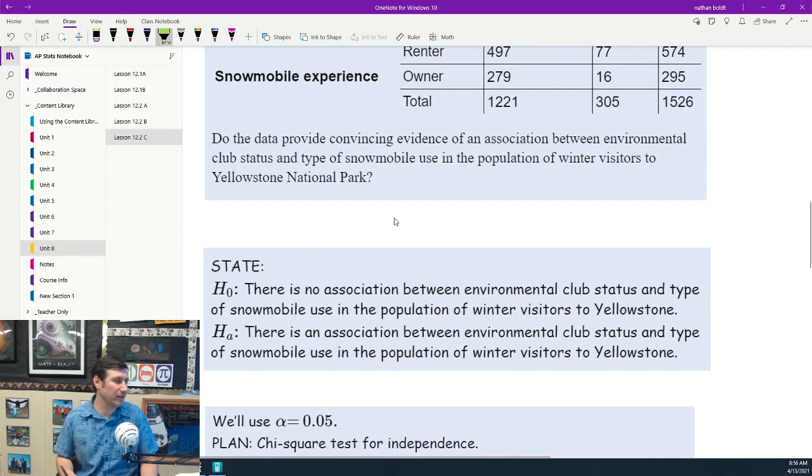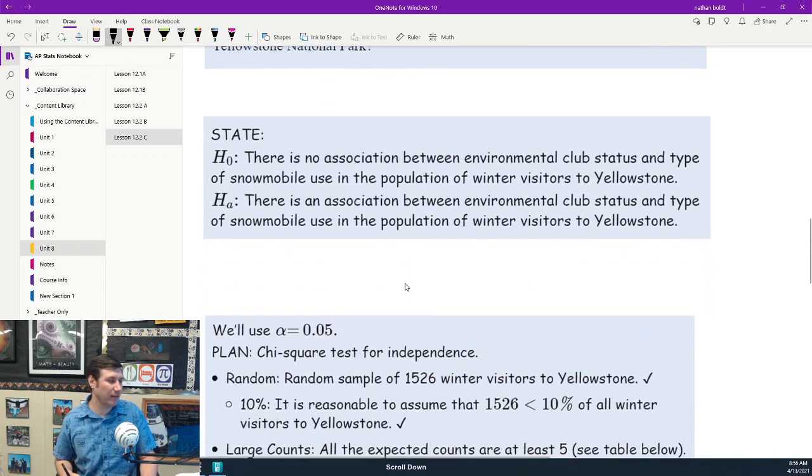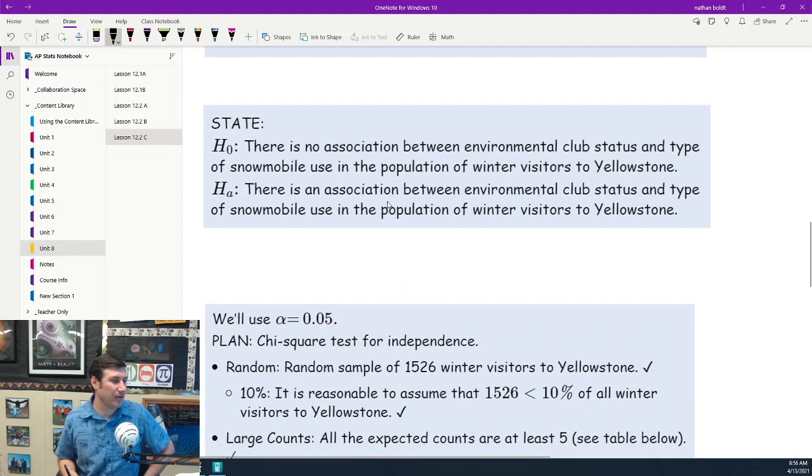So let's take a look at some of the differences and similarities between these two. So when I take a look at these hypotheses, the null: there is no association between environmental club status and type of snowmobile use in the population of winter visitors.